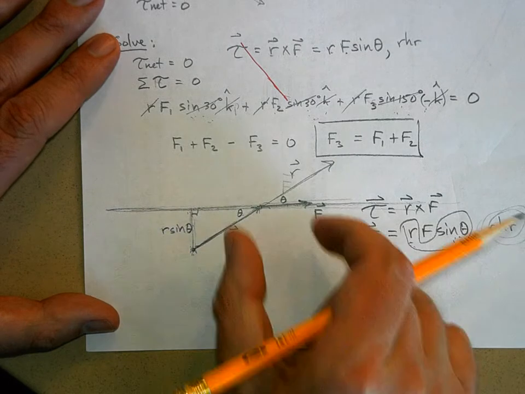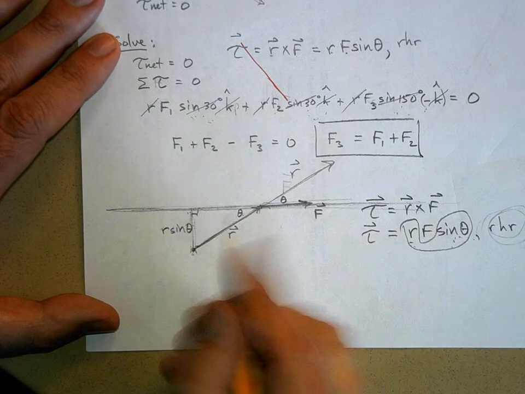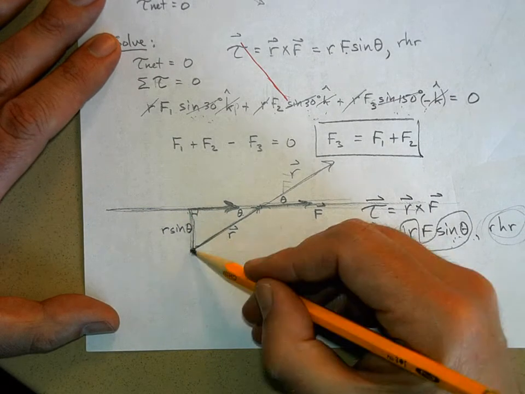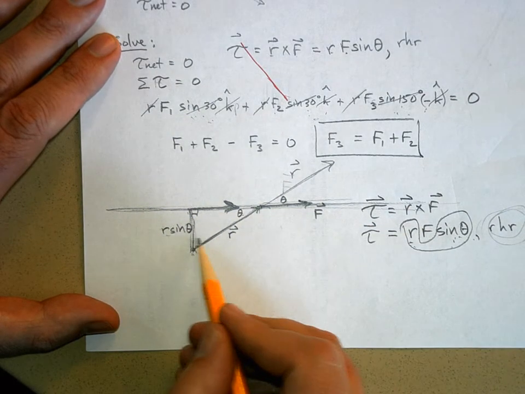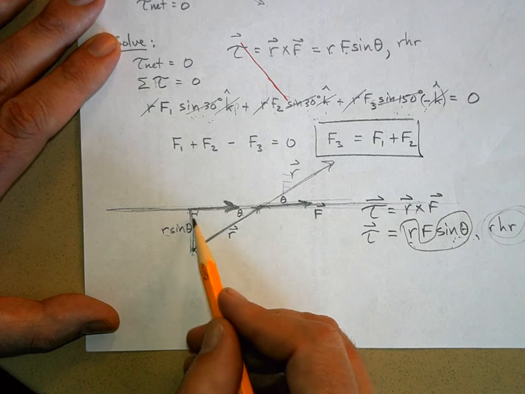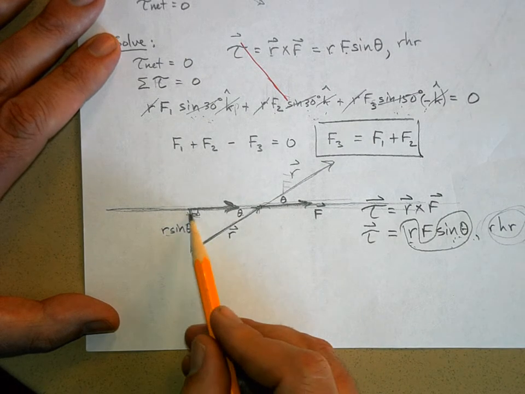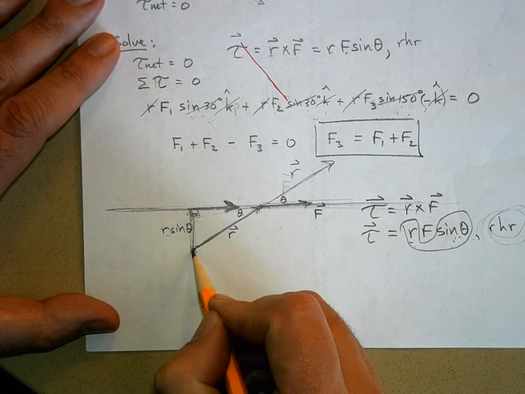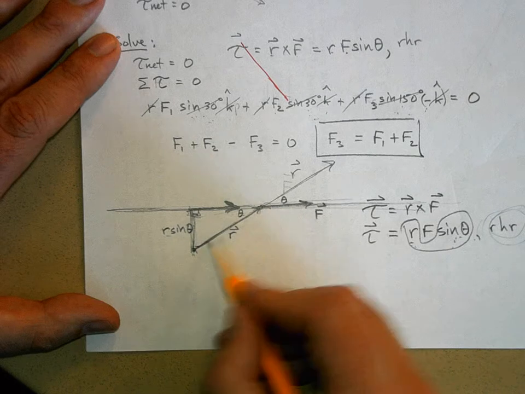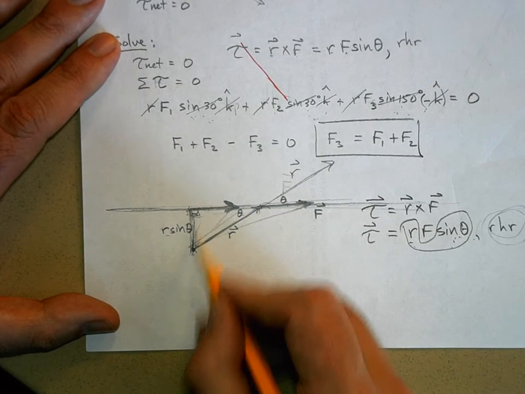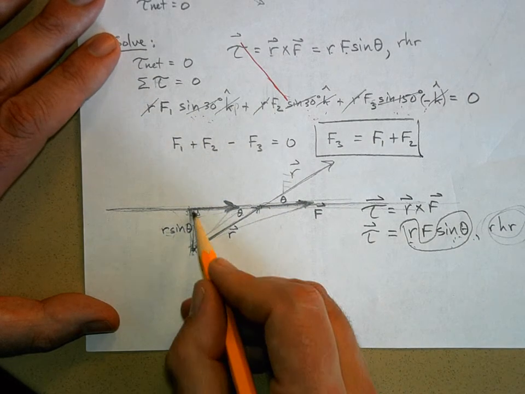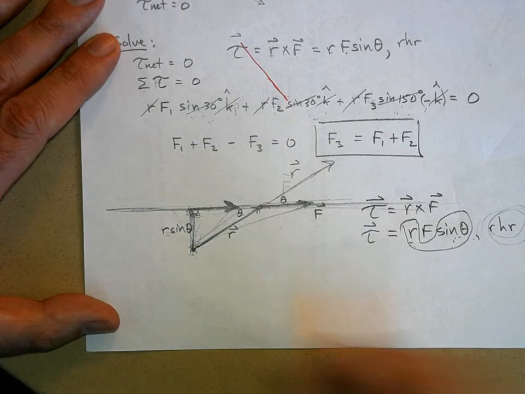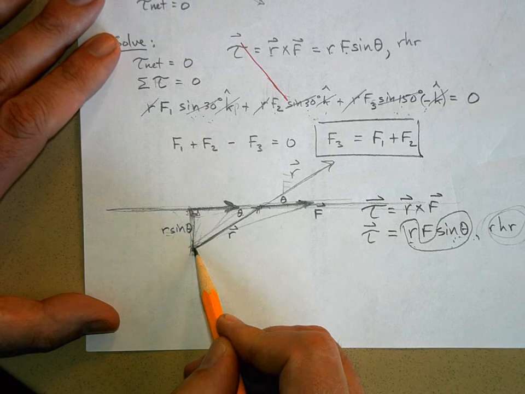If I just pick up that force and put it right over here, that's going to get me the torque. Here's my new r. See how r kind of varies? I can make r vary, but it's all r sine theta. It all boils down to this. So this r sine theta is this minimum perpendicular distance.